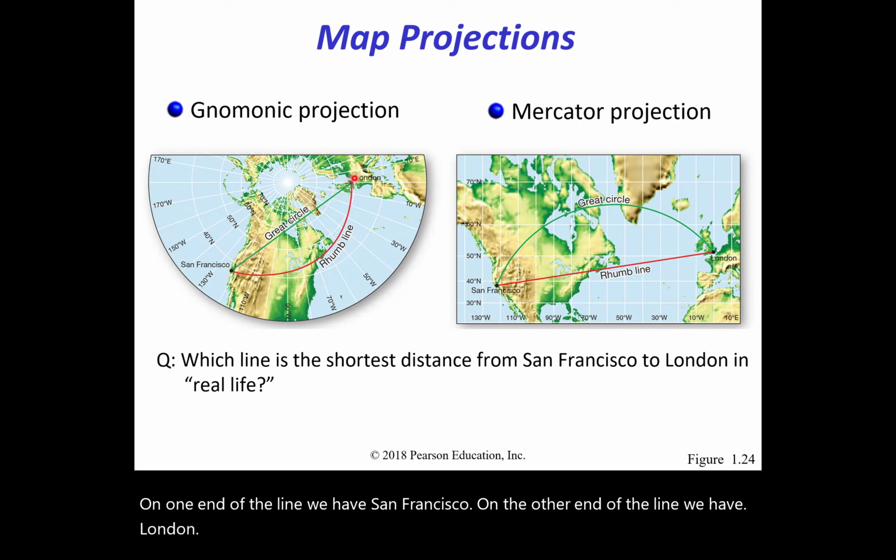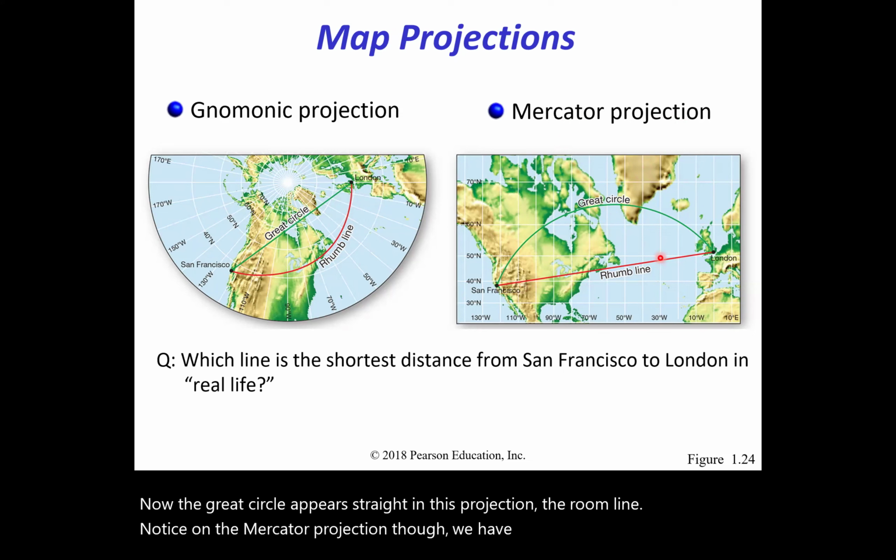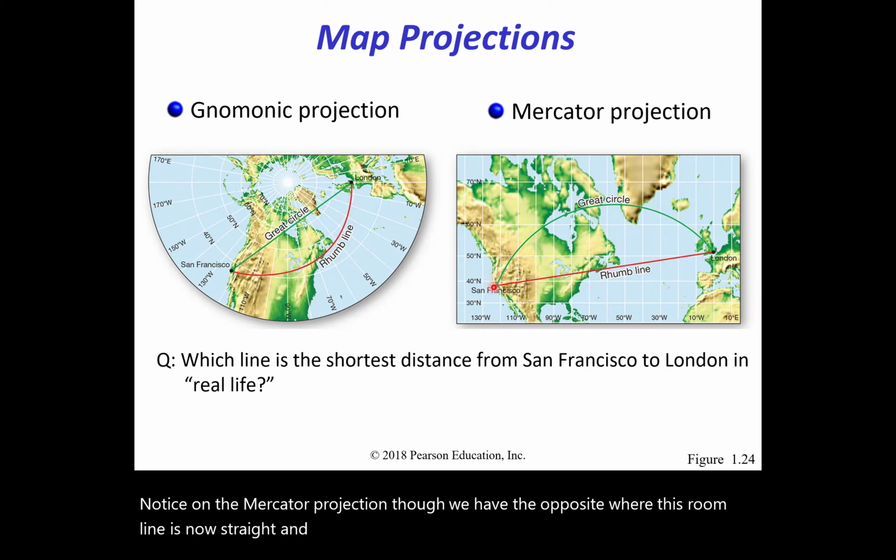Now, the great circle appears straight in this projection, the rhumb line is curved. Notice on the Mercator projection, though, we have the opposite, where this rhumb line is now straight and the great circle line is curved.